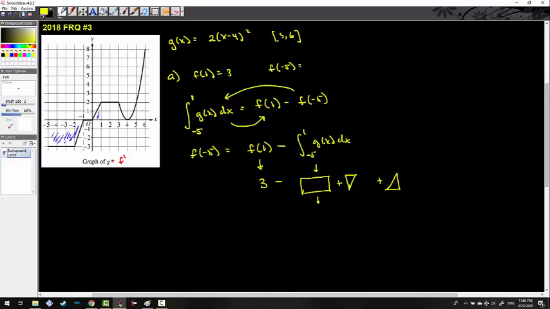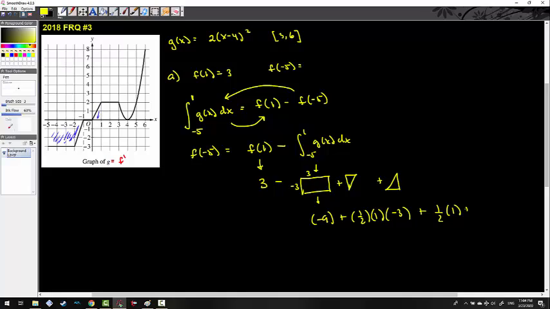So what is this? Well, this is a base of 3 and a height of -3. So that is going to be -9, plus 1/2 base times height, so 1/2 times base 1 times height -3, and then for the upper triangle, 1/2 base, which is 1, times height, which is 2.